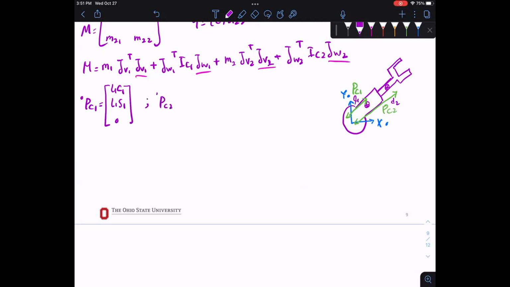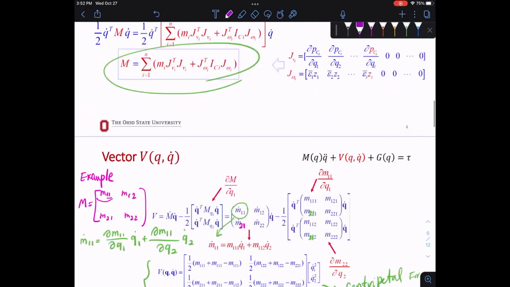And then PC2 in frame 0 is going to be what? D2 cosine of theta 1, D2 sine of theta 1, and then 0. Correct? Now I have to get the partial derivative of this. So JV1, you have to go back here.